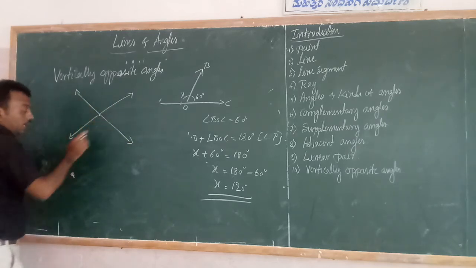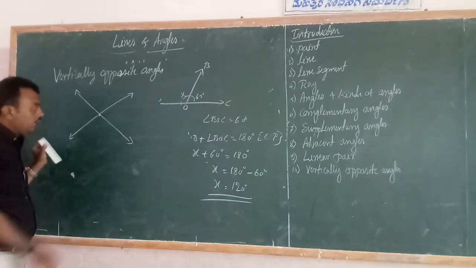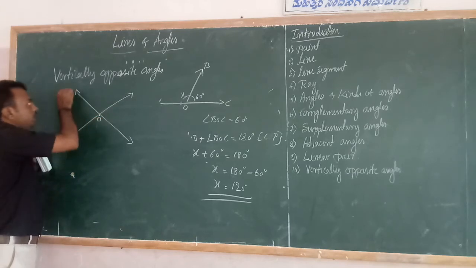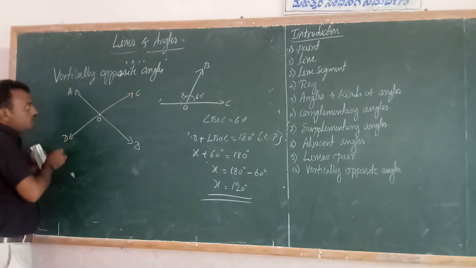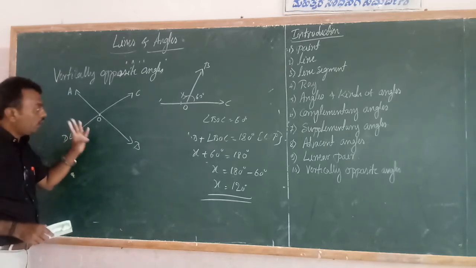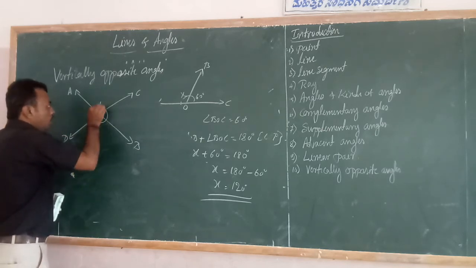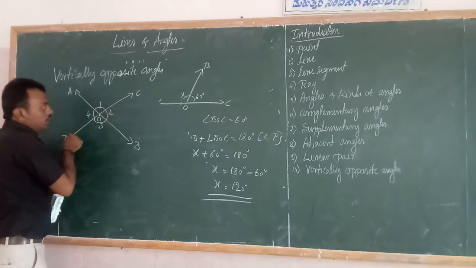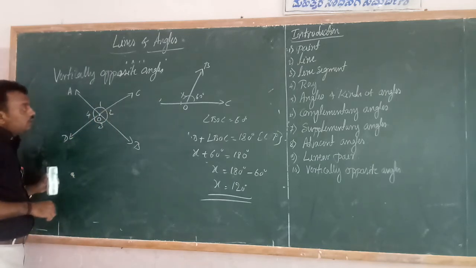These two lines are intersecting lines. When two lines intersect at one point, I will call it O. This is AB and this is CD. So when two lines intersect at one point, they form four angles. Count it, four angles: 1, 2, 3 and 4. So four angles are formed.